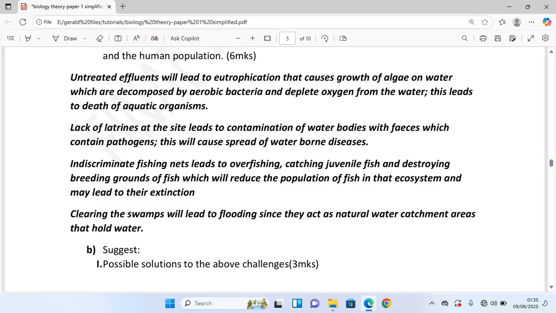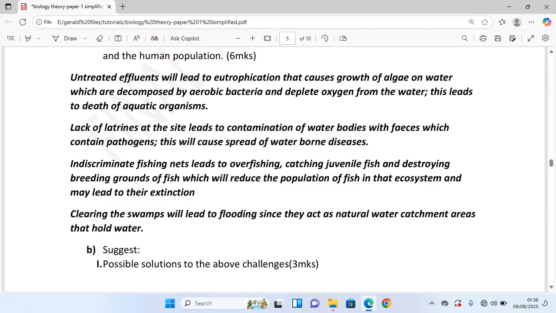When the effluents from industries, factories, those liquid waste, let's say from fertilizers, containing nitrates, sulfates, dissolve in the water, they enrich it with minerals. They make it fertile, so that it allows algae to grow. So when algae grow, the population of algae increases and the bacteria begin to decompose them. When the bacteria are decomposing them, they use oxygen and thus reduce the amount of oxygen in water. What happens is that organisms which depend on that dissolved oxygen in water will die.